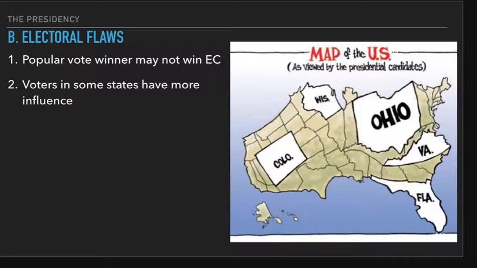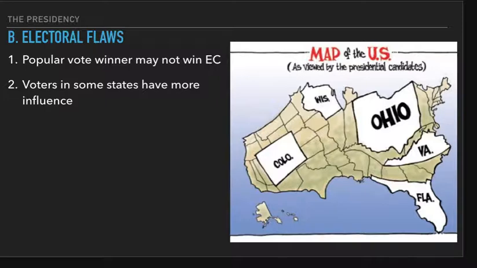If we were to do the math, and my stats may be a little outdated, but I think the proportions are still pretty similar. It works out for California's 55 electoral votes to 1 electoral vote for every 615,000 citizens. In the state of Montana, because they get 3, it comes out to 1 electoral vote for every 164,000 citizens.